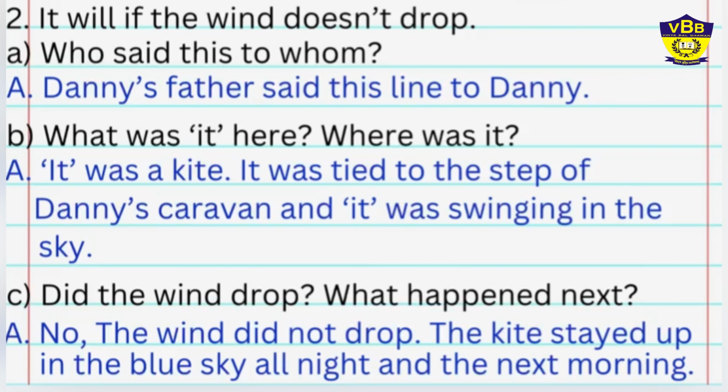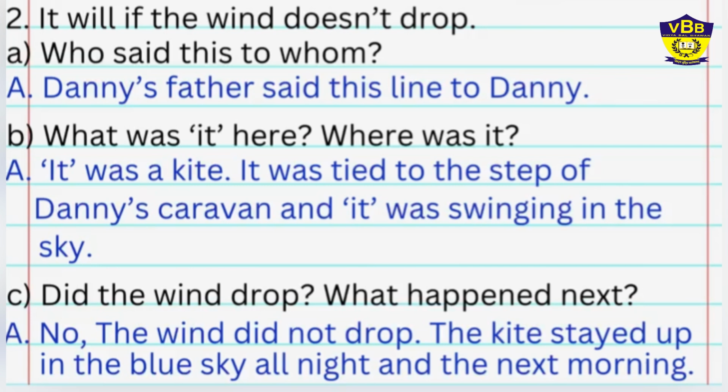So the father told Danny to tie the string of the kite to the steps of the caravan. When he tied the string to the steps, he asked his father, will it still fly high in the sky? So the father said, it will if the wind doesn't drop.